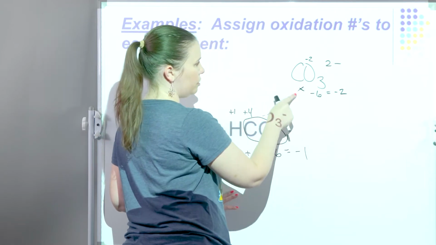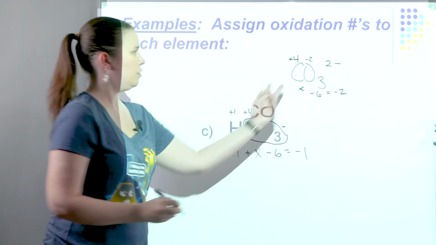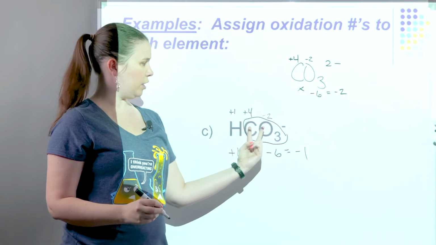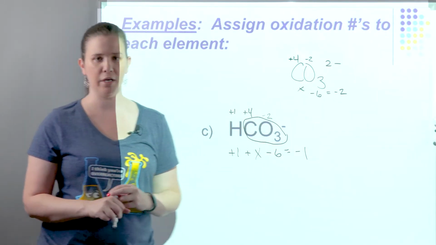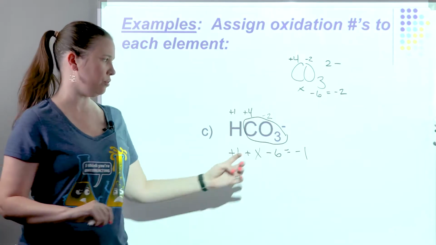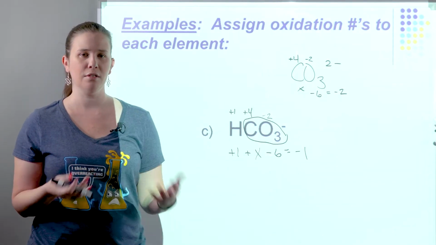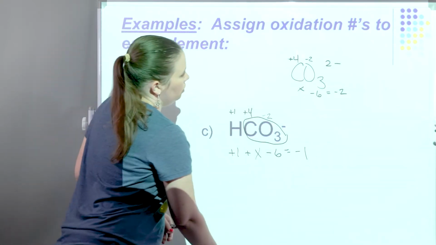So what would carbon's oxidation state need to be? +4. Notice how this matches what I got when I did it in the entire ion. So the polyatomic ion rules will work, their summation rules will work, and the total summation rules should work. So this is going to give you multiple strategies that you can use to solve the problems. All right.